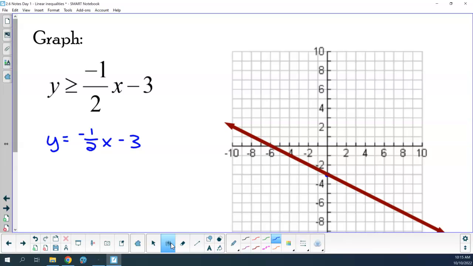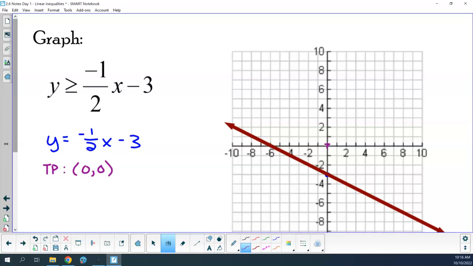No. So I can use the origin. I wouldn't have to use the origin, but I can use the origin. I can use any point just as long as it's not on the line. I also put a little t kind of near where my test point is.